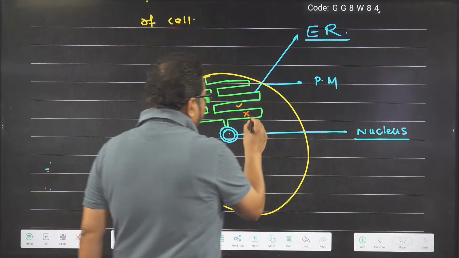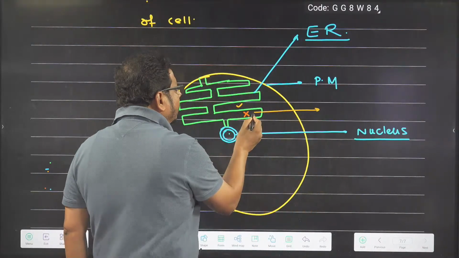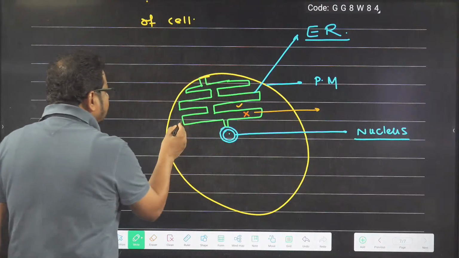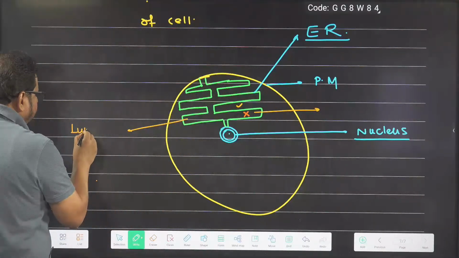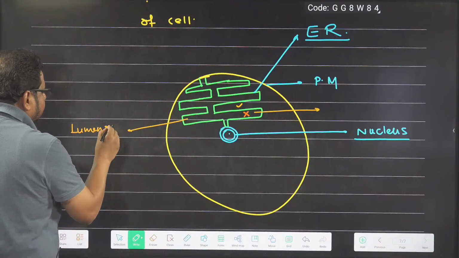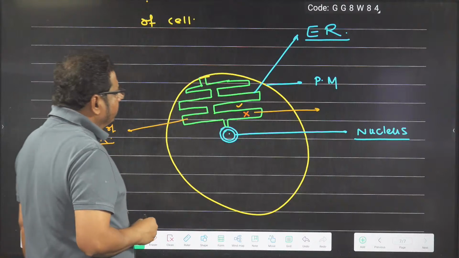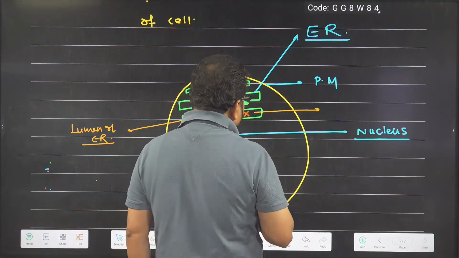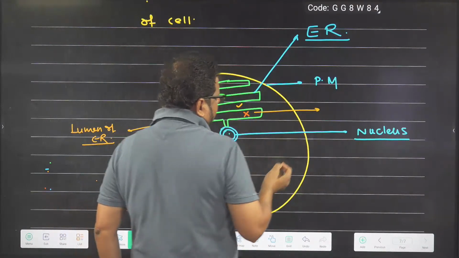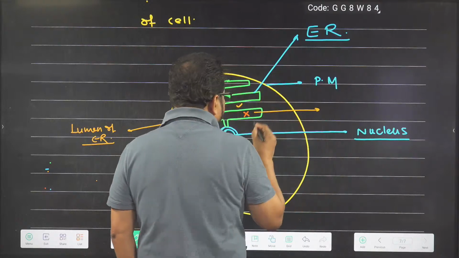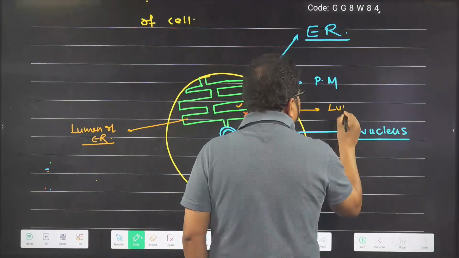One component is present inside the lumen here. This part is called the lumen of the endoplasmic reticulum. So the part of the cell which is present inside the lumen of endoplasmic reticulum is called luminal.